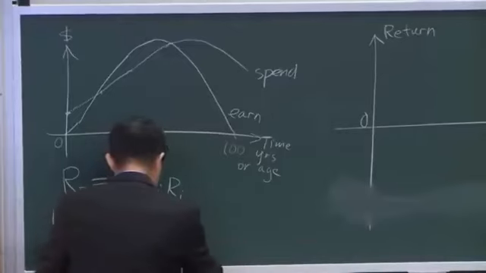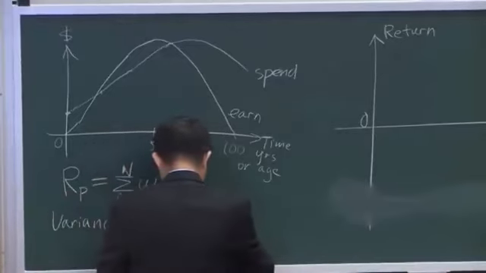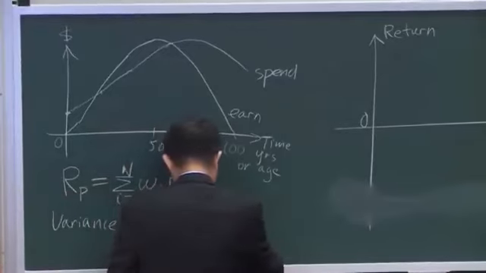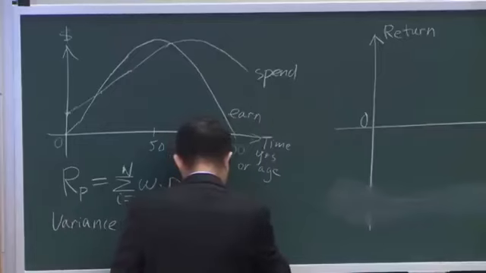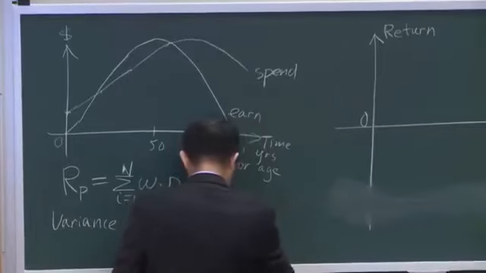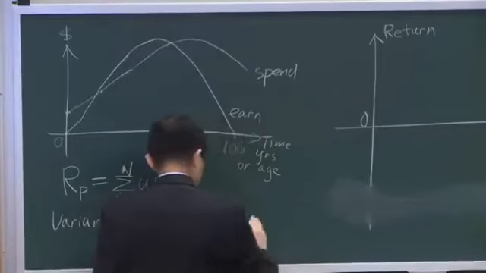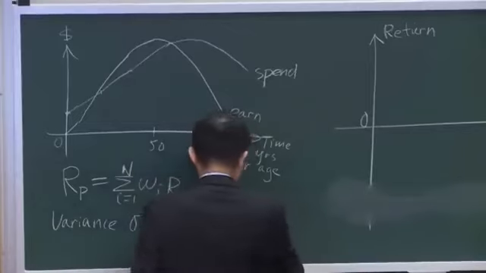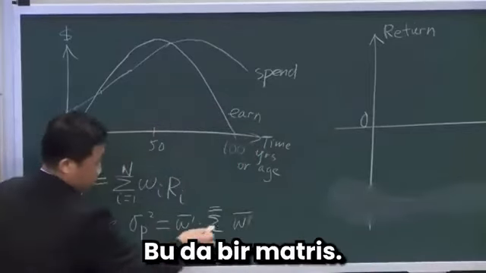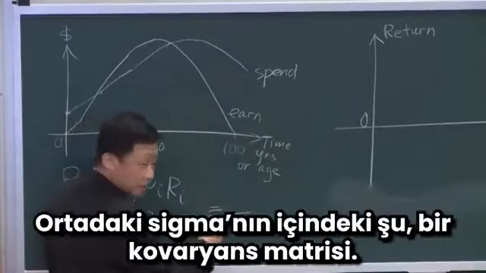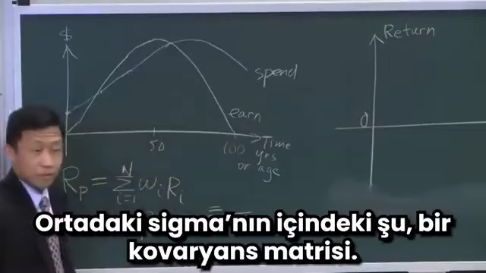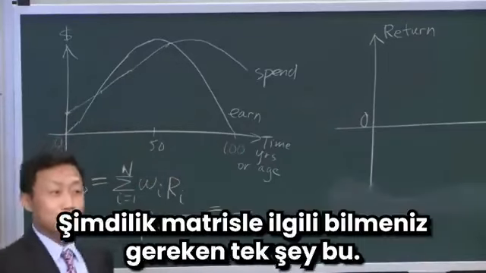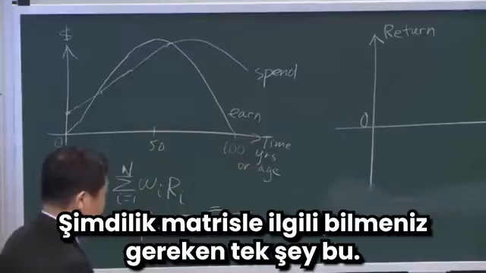Sigma p squared. These are vectors. This is a matrix. The one in the middle is a covariance matrix. Okay, that's all you need to know about the math at this point.